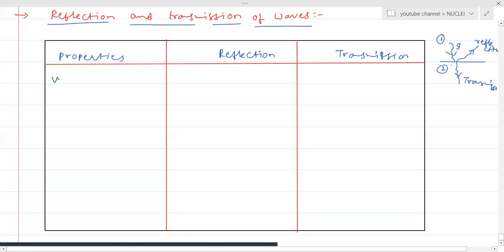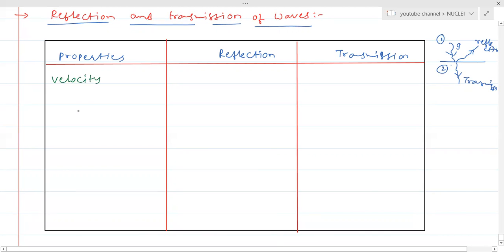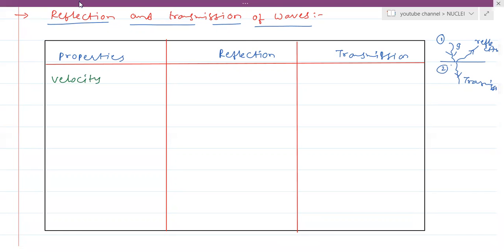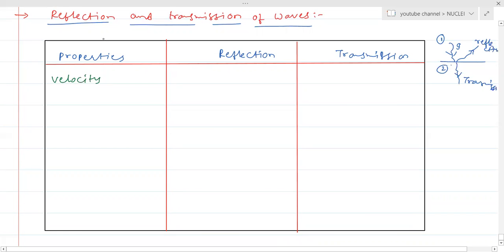This is very important for wave optics as well as waves. Velocity purely depends upon the medium.